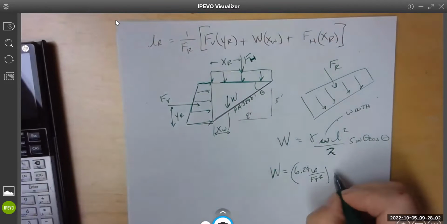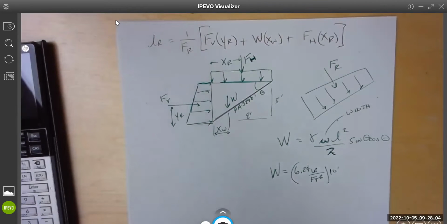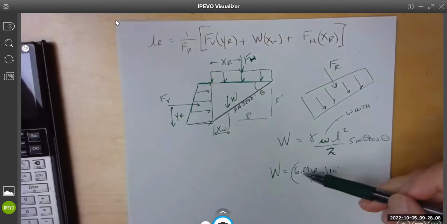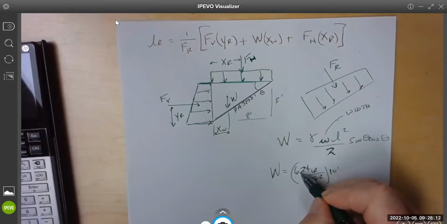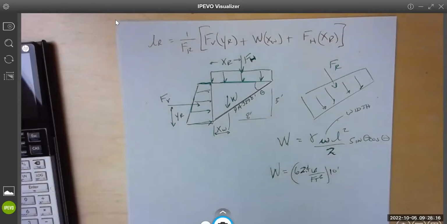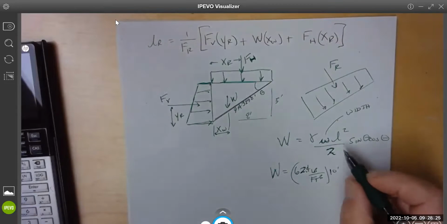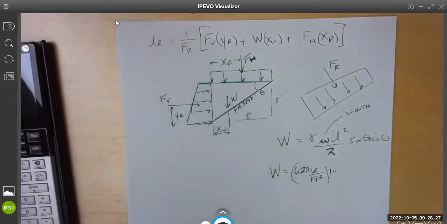Our width is 10 feet. And L is the length of your surface, so that's 9.43398.